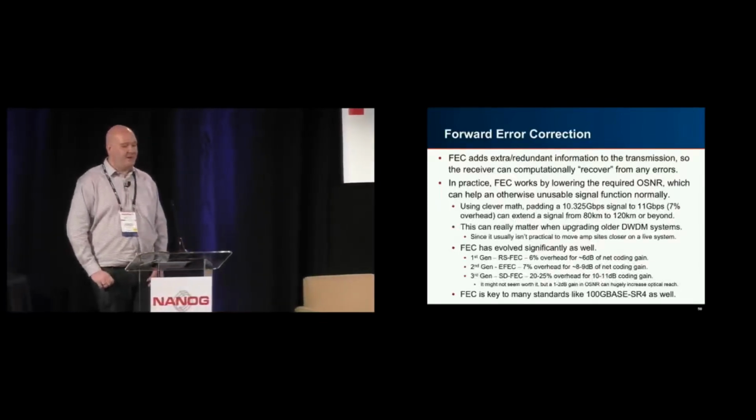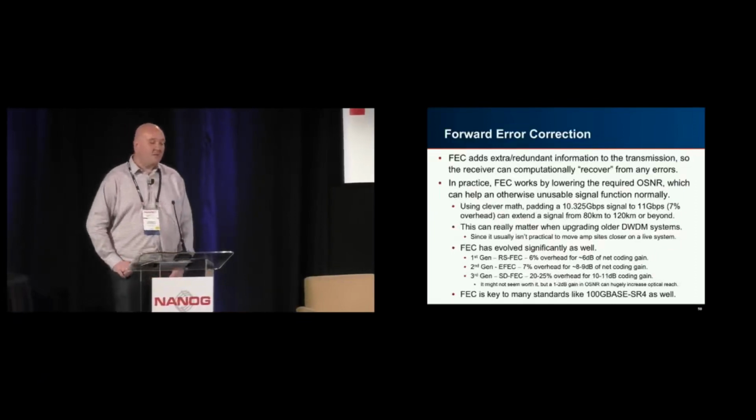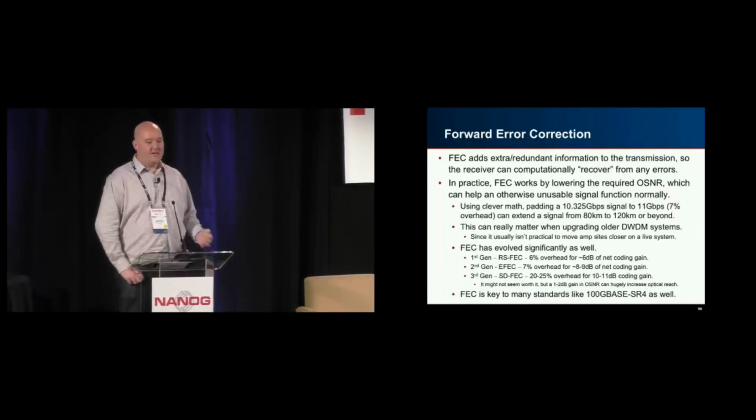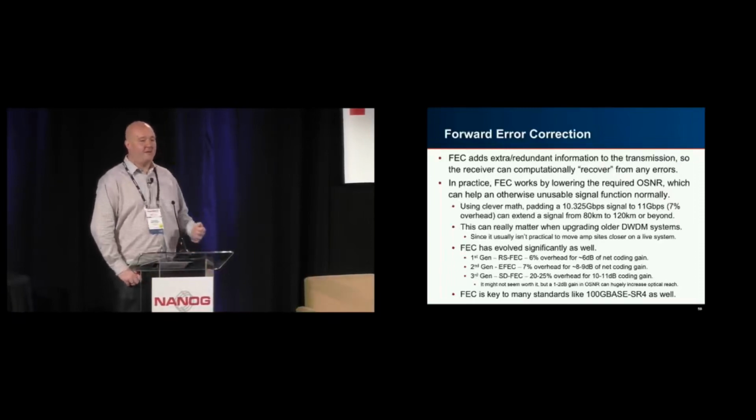You went to 7% overhead, but you got 8 to 9 dB of gain. Then when you went to third gen, you moved up quite a bit. You move into something called SD FEC, soft decision FEC. So you're adding a significant amount of overhead. You might add 20 to 25% more data to the encoded data, but that's getting you a 10 to 11 dB gain of OSNR.